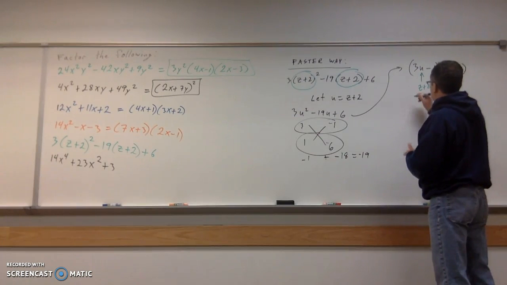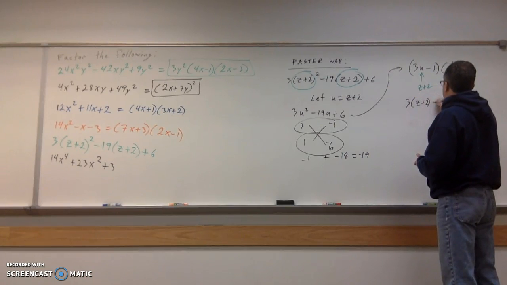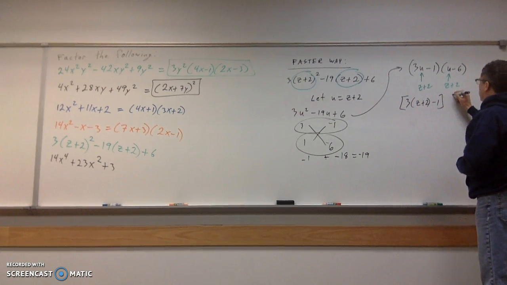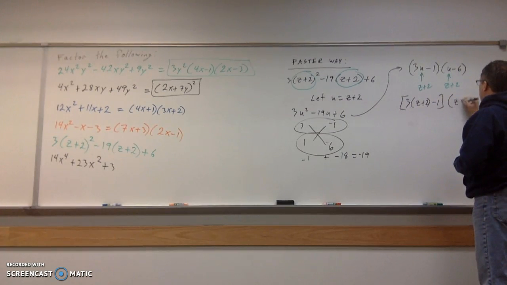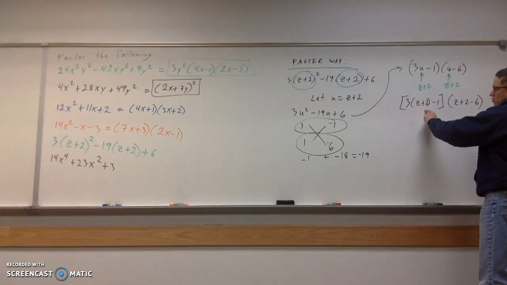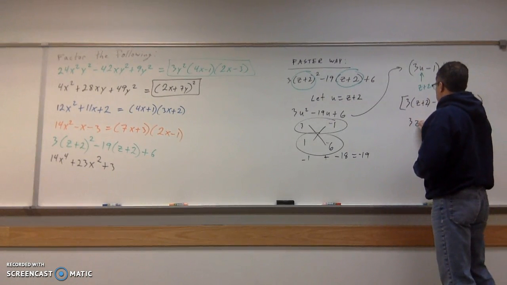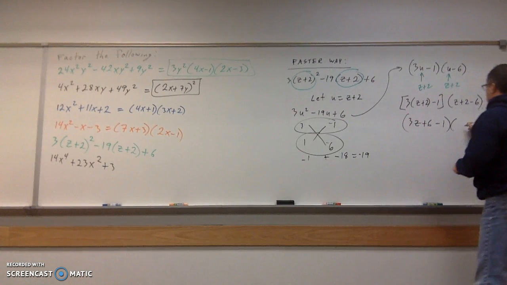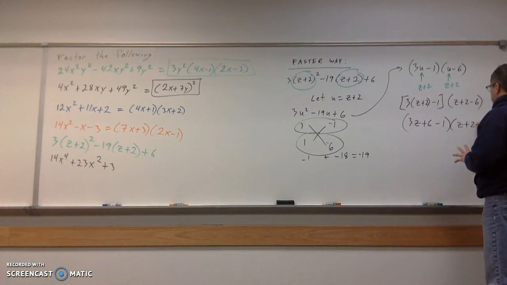So now we're looking at 3 times the z plus 2 minus 1 for the first factor. And the other factor will be z plus 2 minus 6. Okay? So I'll distribute my 3 through here. That's 3z plus 6 minus the 1. And I'll leave this other one just as it is, and won't change it yet.